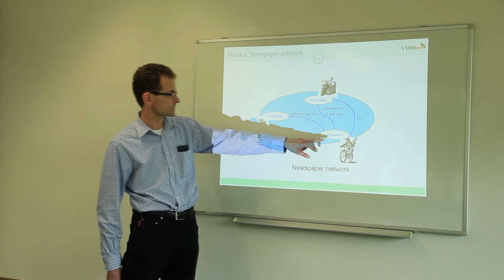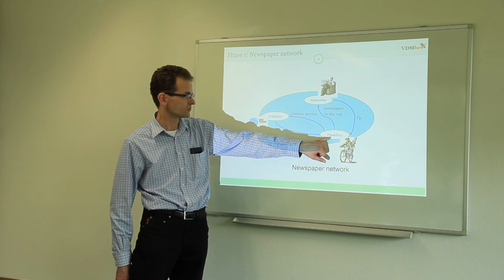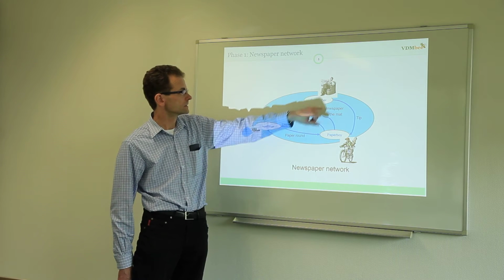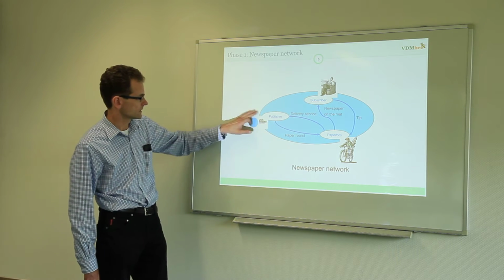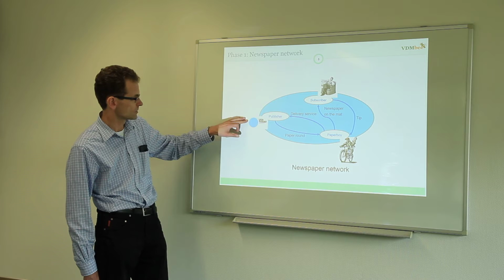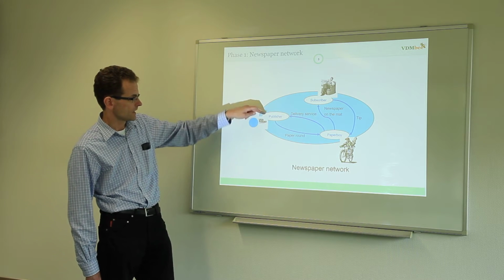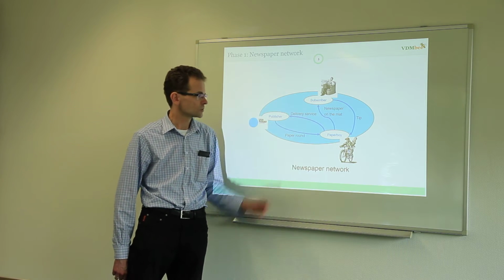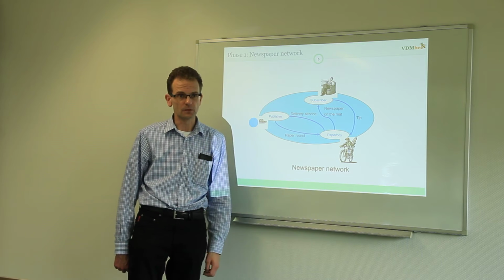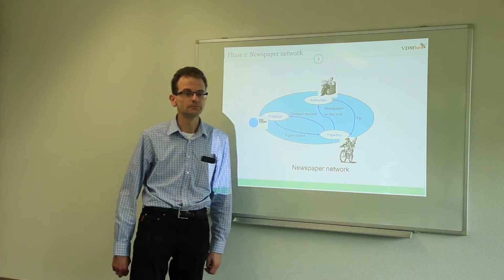There are three participants: the schoolboy in the role of Paperboy, the readers in the role of subscriber, and the newspaper company in the role of publisher. And they all interact, a sort of value network, by providing value propositions to each other, an exchange of value.